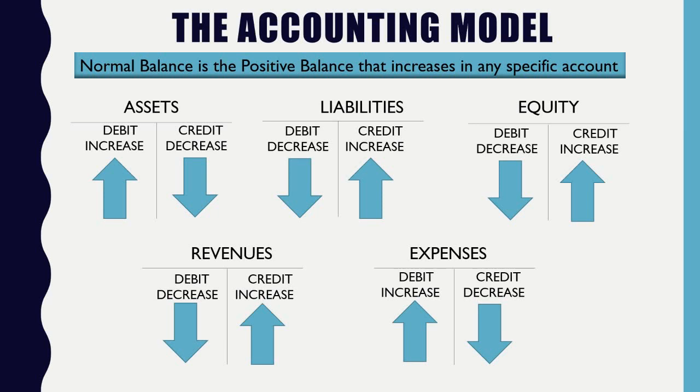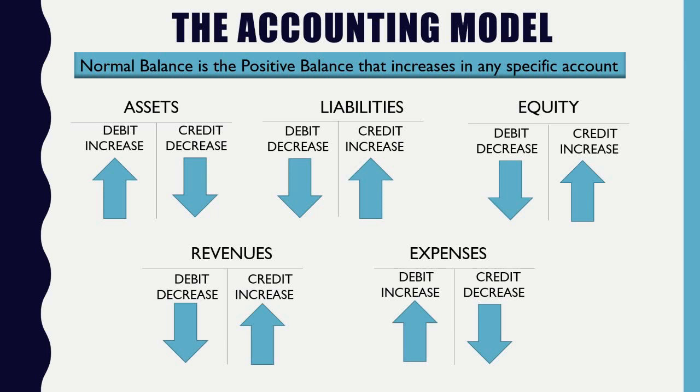So again, if I end up borrowing money, then I have to say I increased my liabilities because now I owe the bank money. But if I pay off that loan, I'm going to decrease it using a debit, okay? So to sum it up for you guys, your expenses and your assets are the accounts that flow in the same direction.